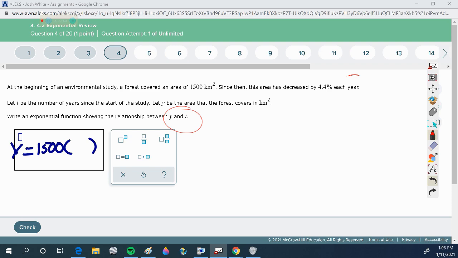What number do I plug in for a decrease of 4.4? 100% minus 4.4% is 95.6%. Move the decimal twice. 0.956 to the t. That's it. Get to work.